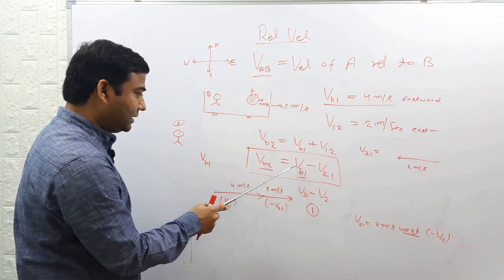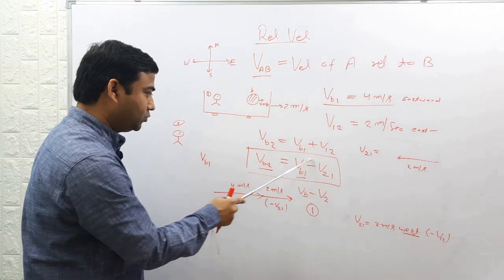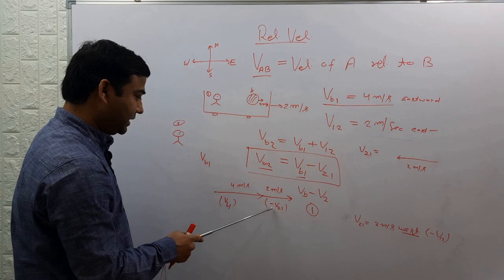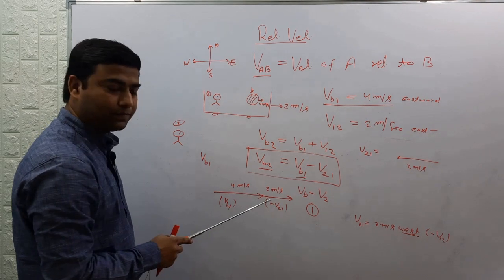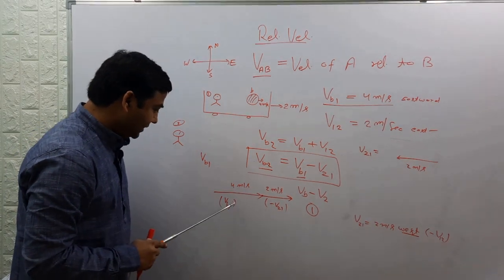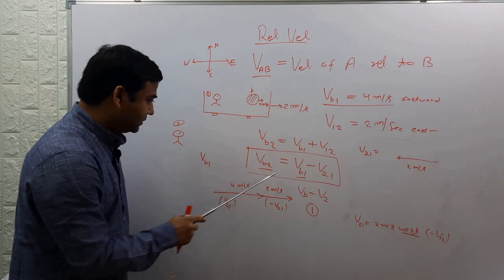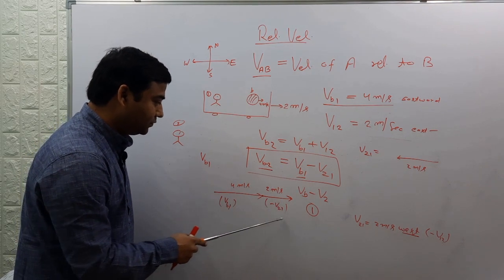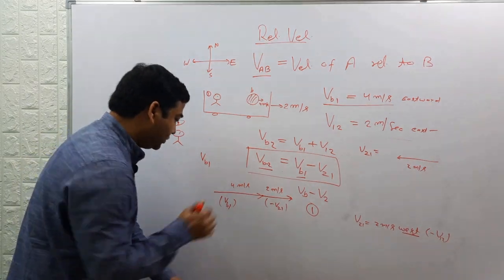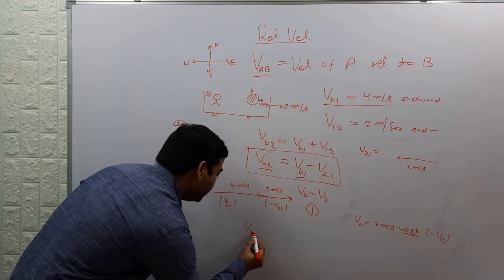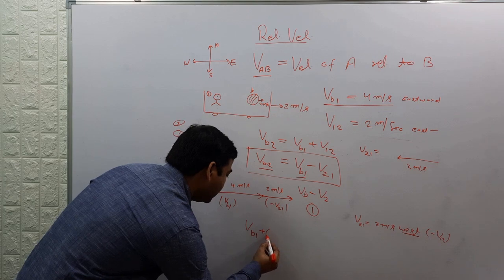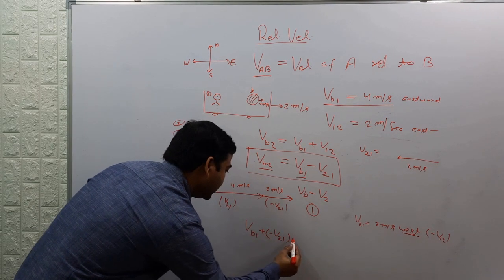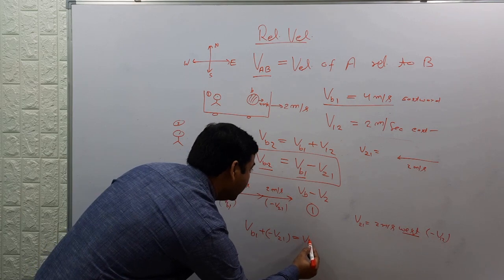But here we are solving the problem from this formula. That's why we are writing this vector of 2 meter per second as minus V21. So we are simply adding VB1 plus minus V21, which is equal to VB2.